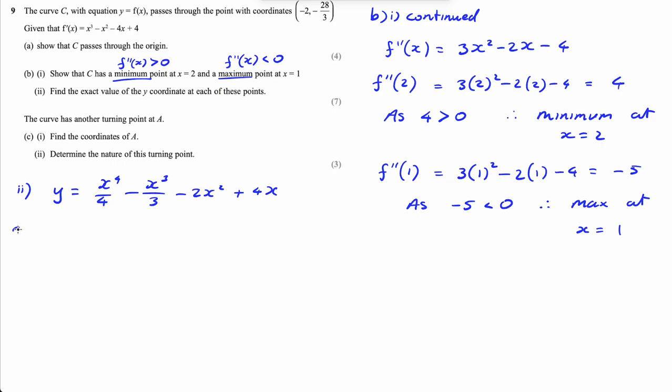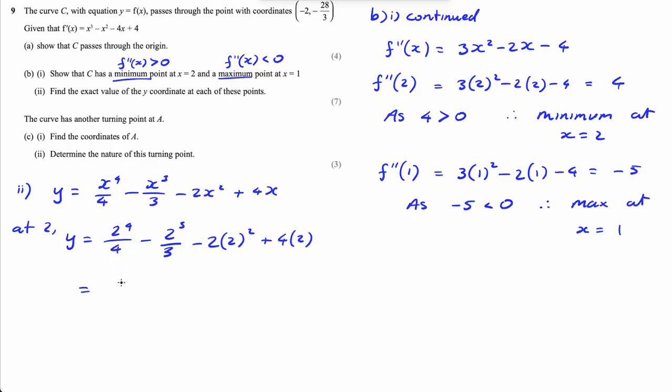At 2, y equals 2 to the 4 over 4 minus 2 cubed over 3 minus 2 times 2 squared plus 4 times 2.